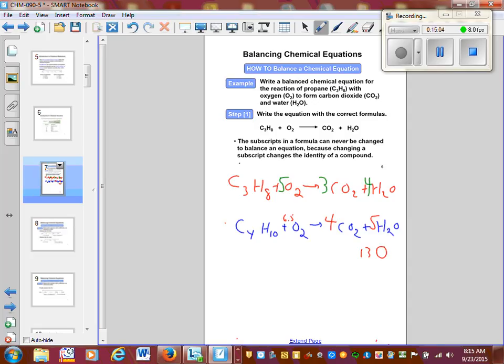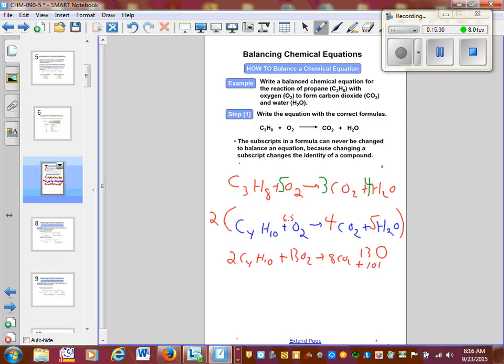So I'm going to multiply everything by 2. Now I have 2 times just the coefficients: 2C4H10 plus 2 times 6.5, 13O2 goes to 8CO2 plus 10H2O.